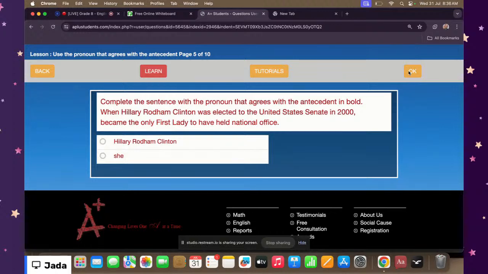When Hillary Rodham Clinton was elected to the United States Senate in 2000, she became the only first lady to have held national office. She became, so it's referring to one person, so you should have a singular pronoun.